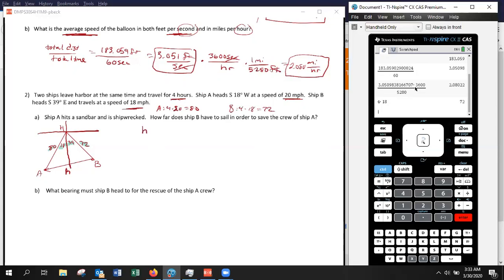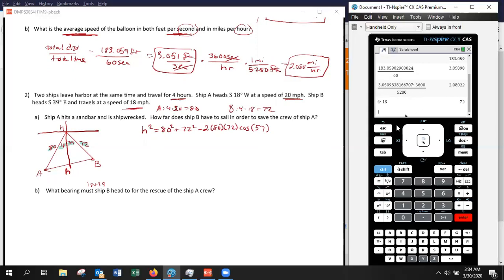If I want to find my H squared, I'm going to take my other 2 sides squared, so 80 squared plus 72 squared, minus twice the product of those 2 sides times the cosine of that angle. Now, quick question, what was that angle? That angle is 18 plus 39, which gives me 57. And so I'm left to, let's type it in the calculator.